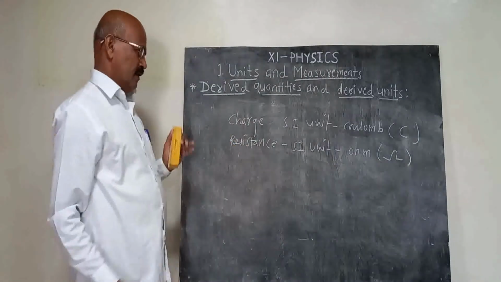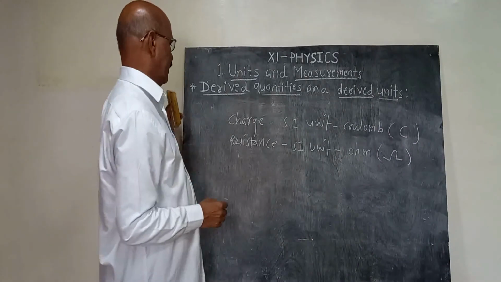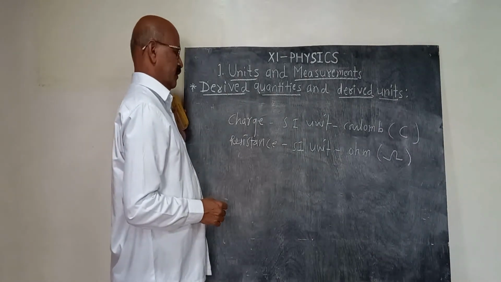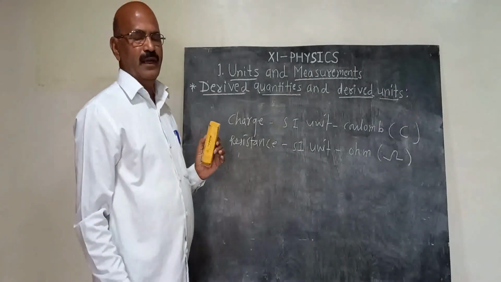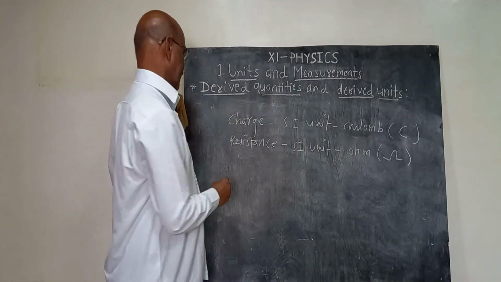Then another derived quantity is velocity gradient.